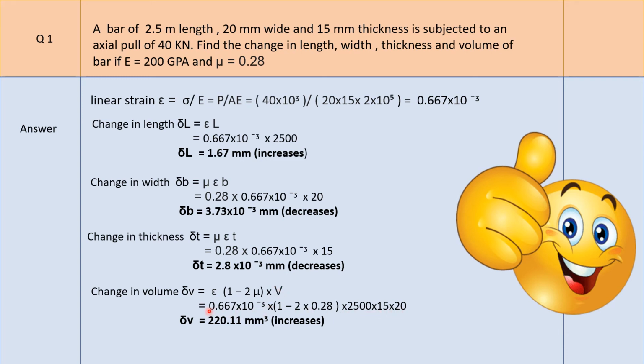So take the calculators in your hand, start from here. 0.667 exponential minus 3 into bracket open 1 minus 2 into 0.28 bracket close into 2500 into 15 into 20 is equal to, check the answer, you will get answer 220.11, and this is positive, so it is increasing, and it is change in volume, so unit of volume is mm cube.